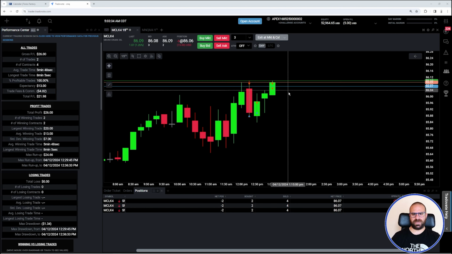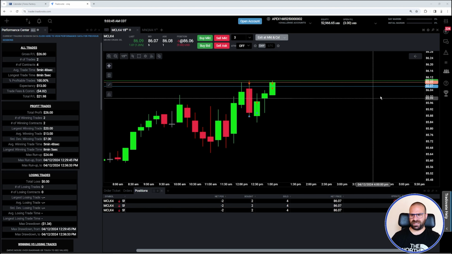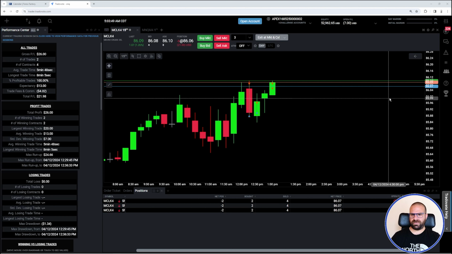Yeah, but now we might see a retracement. Now, if we see a retracement, this will be a very quick scalp, of course, because we will need to close both of the micros at 85.99 around. Maybe around there. Maybe lower. Let's go and do that.